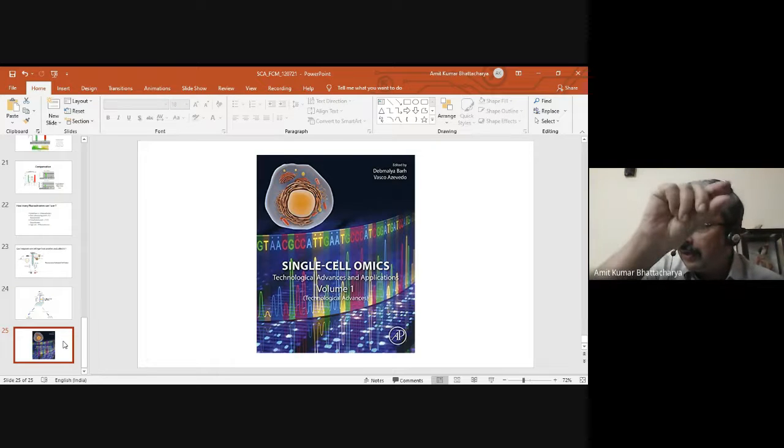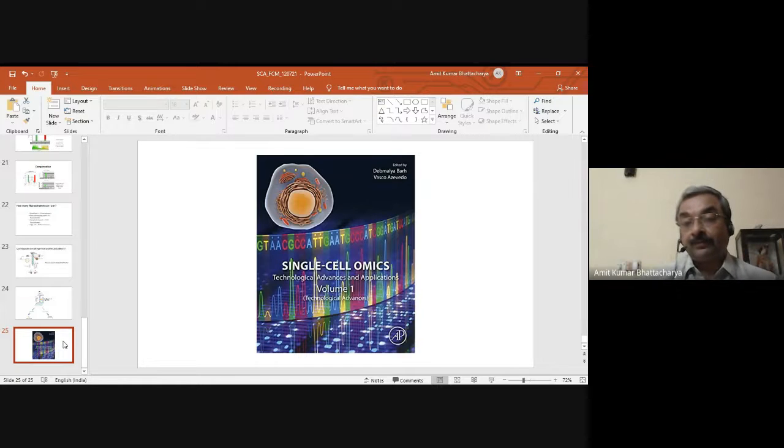You can look at the total protein amount. You can look at the total number of RNA molecules. You can look at the total metabolite profile or the lipid profile on a per cell basis.